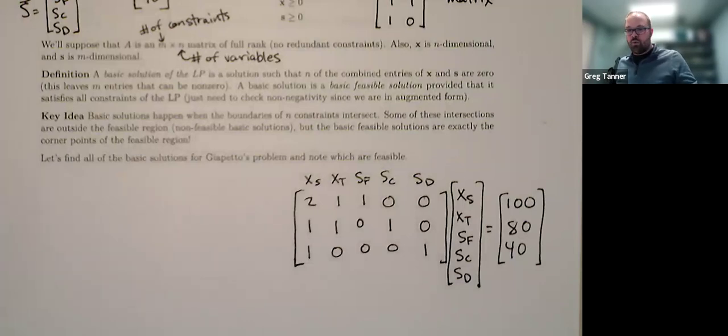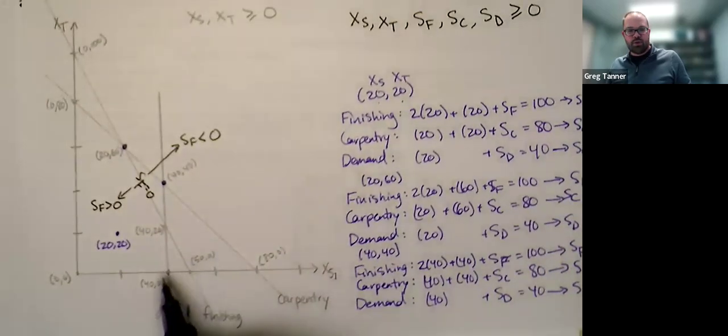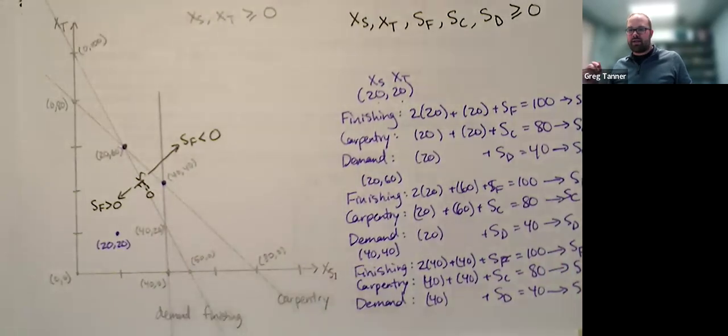So let's find all the basic solutions for Geppetto's problem and note which are feasible. We're going to take advantage of geometry for this. We'll talk in the next video about how you'd find this if you didn't have a nice picture to go off. Essentially, each of our basic solutions happens when two constraints intersect. By constraints, I'm thinking of my functional constraints, but also my non-negativity constraints.